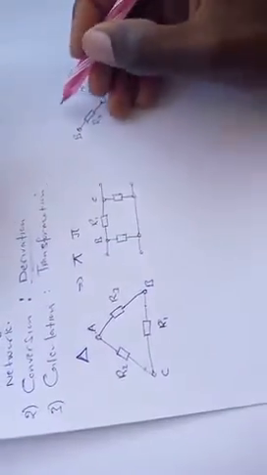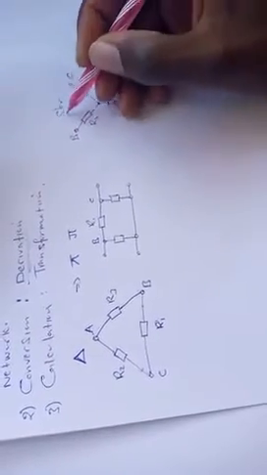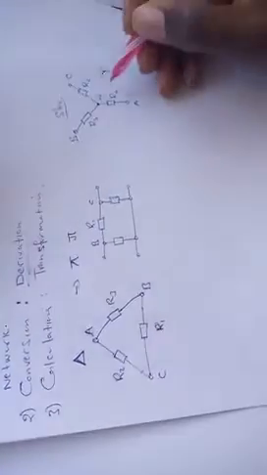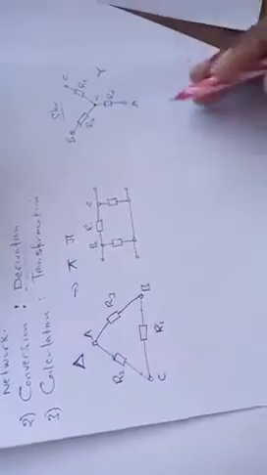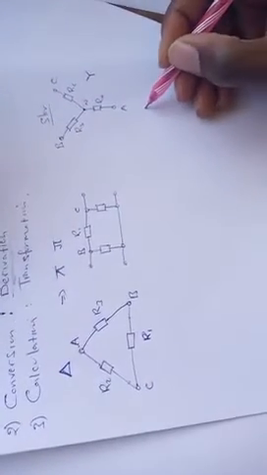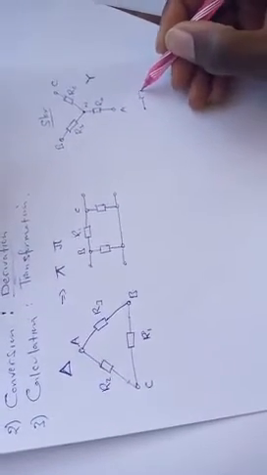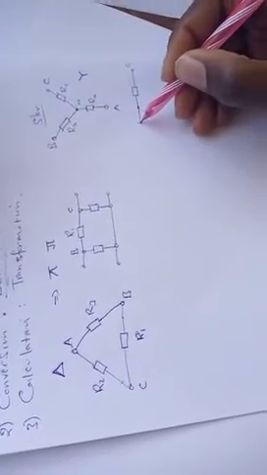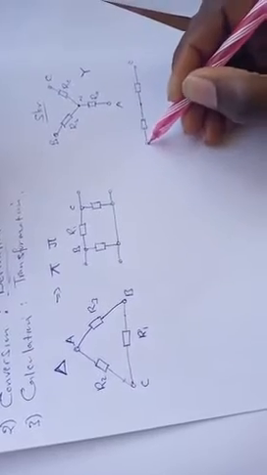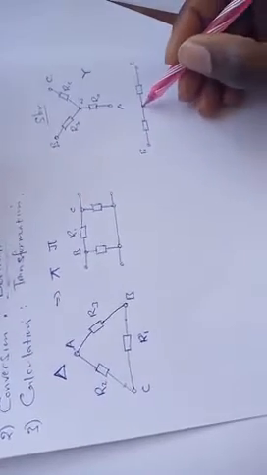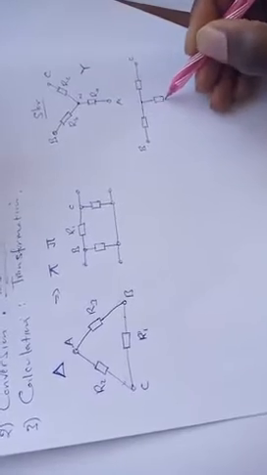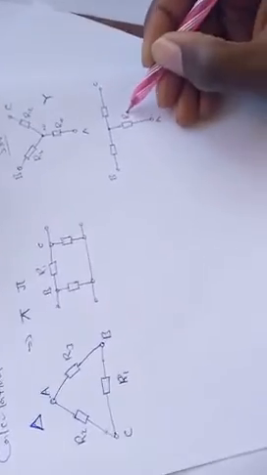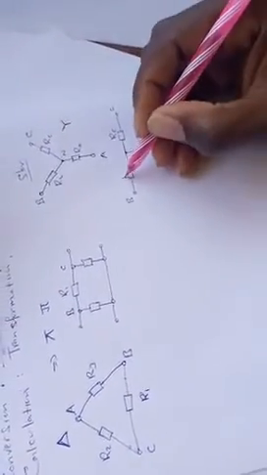So the star network is also known as the Y, or can be taken as a T. So you can express this in terms of T. So it will be like this, A, B there, terminal B. That's A. RA, RC, RB.